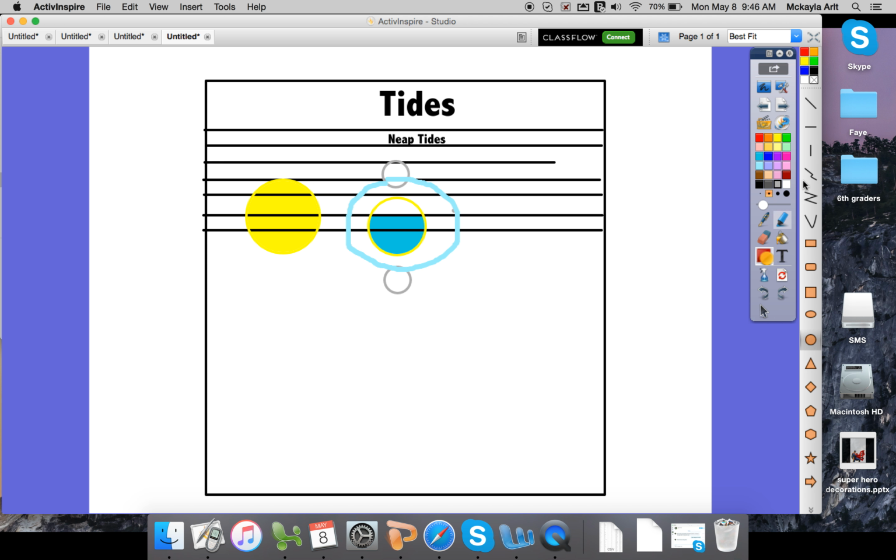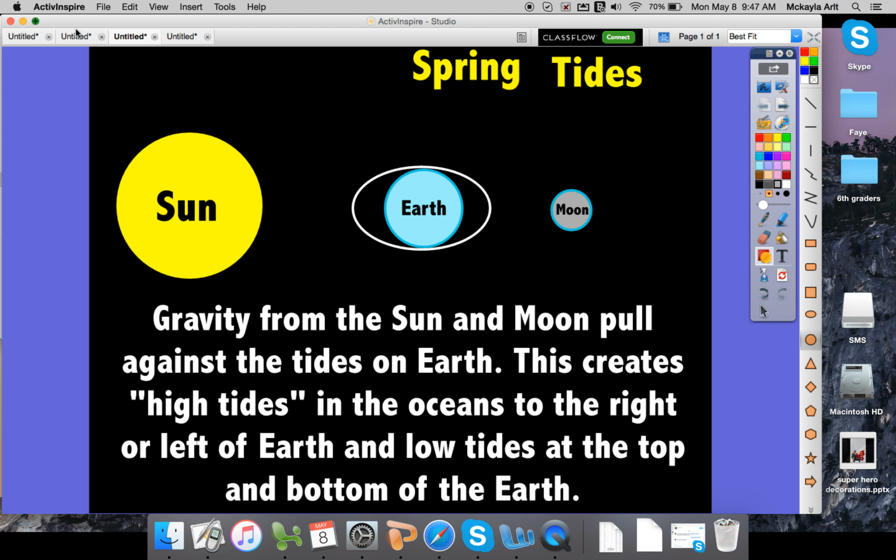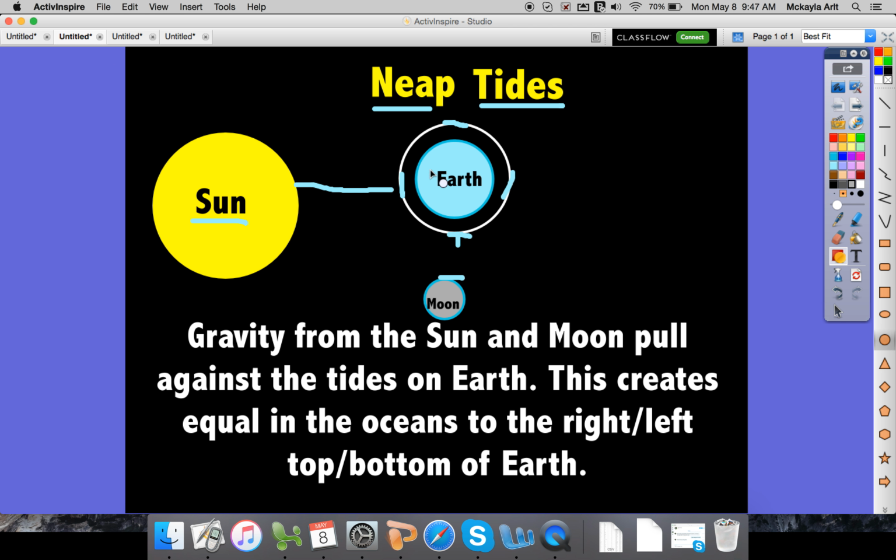That's not a very good example of a perfect circle. Okay? Now, what I'd like you to do, so you are going to pause this, and you're going to draw, just like you see, you're going to label your moon, sun, and earth. You're going to write Neap Tides. You're going to draw your white waves, and you are going to write your information about the gravity under Neap Tides.